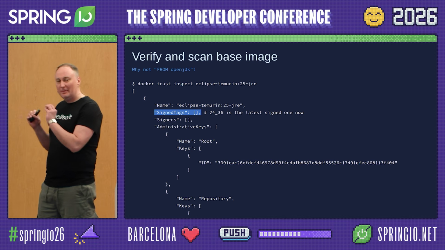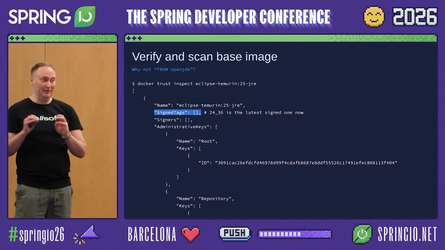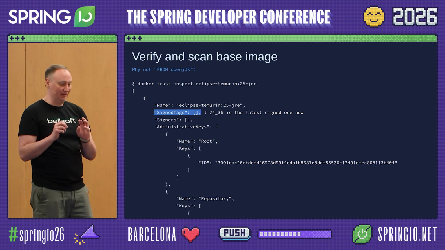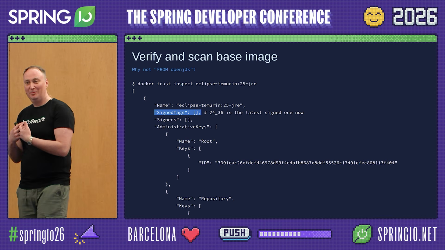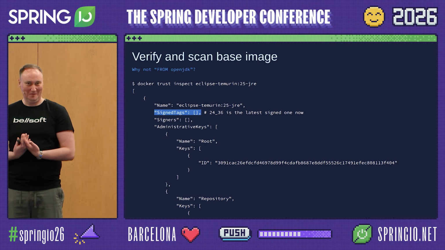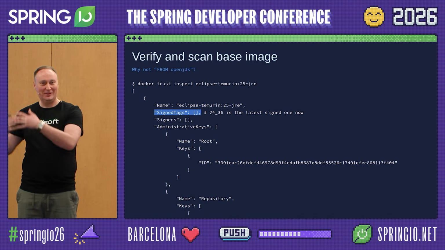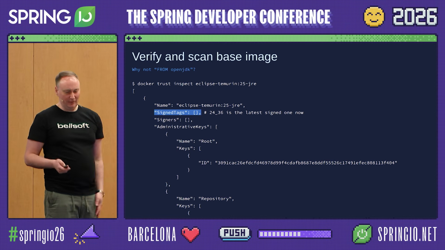There is also a mechanism for keyless verification. So without having a valid key at the time. So if you don't have a very important secret key, it can't be stolen from you. If you only use temporary key for signing, there's a mechanism for that, but we won't focus on that.